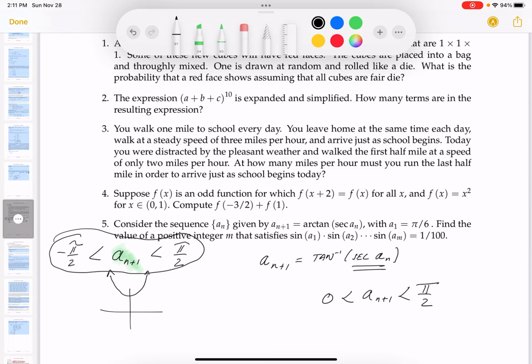Secant between there, tangent looks sort of like this over here. I've got to be careful. It might not even be important, by the way. We'll see if it can return a 0. Well, I guess if A_n became 0, if that's possible, it's never going to return pi over 2.